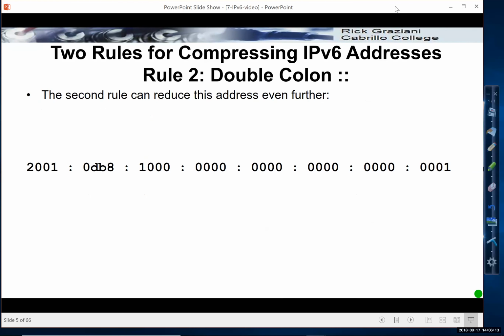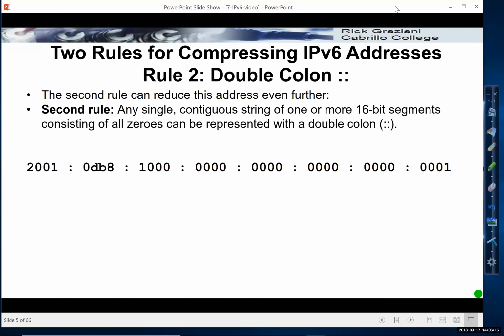The second rule is the double colon. The second rule states that any single contiguous string of 1 or more 16-bit segments that consist of all zeros can be represented by a double colon. So we can take this contiguous string of 4 16-bit segments, or hextets, and reduce that to 1 double colon.